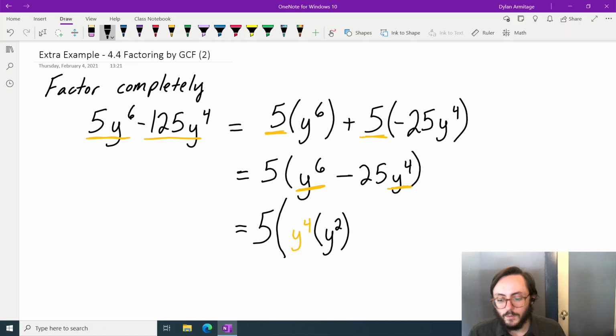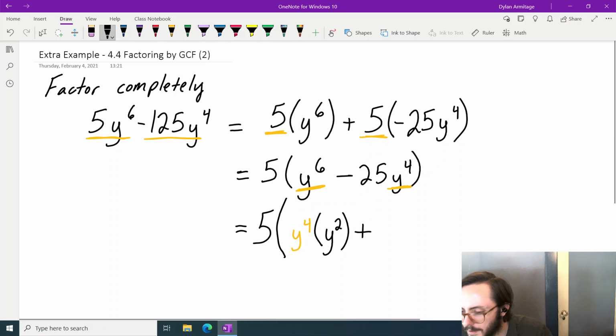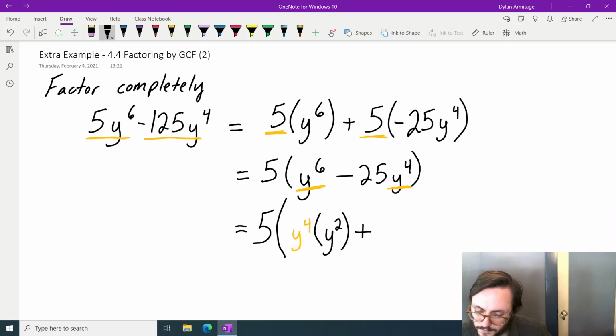And once again, let's go ahead and leave the negative attached to the 25. Well, actually, since we're factoring it out, it doesn't matter. But we are going to. So plus, now we have another y to the 4th times negative 25.